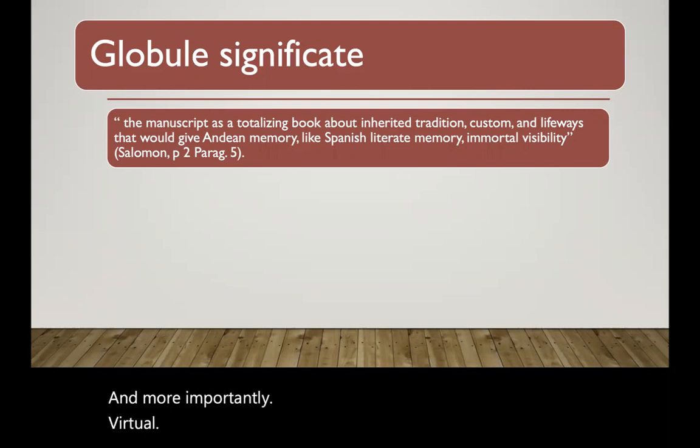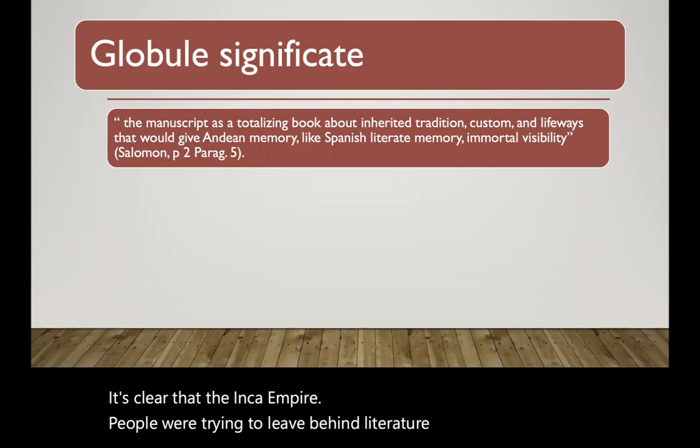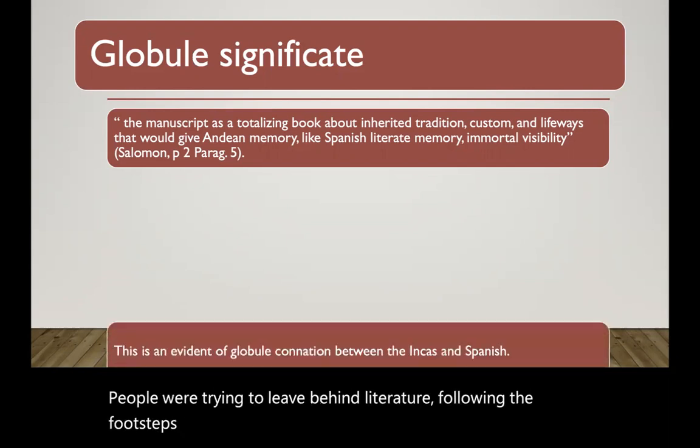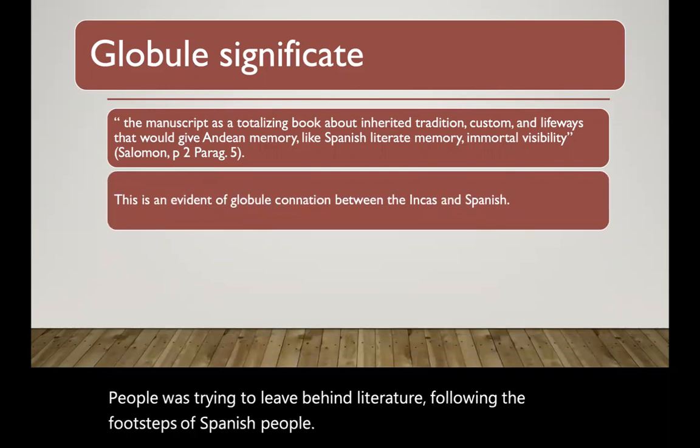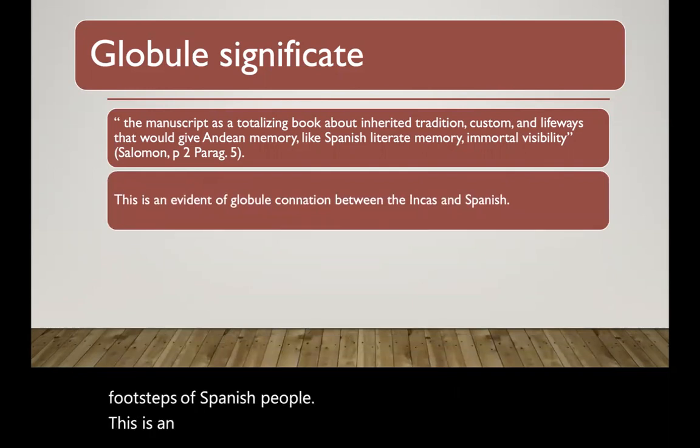It's clear that the Inca Empire people were trying to leave behind literature, following the footsteps of Spanish people. This is evidence of global connection between the Incas and the Spanish.